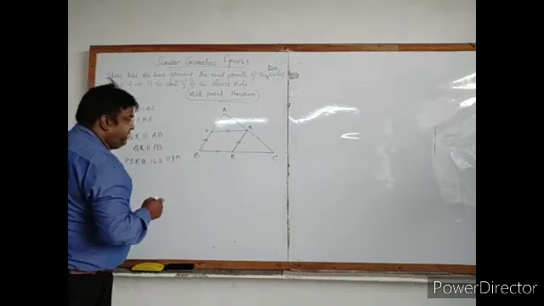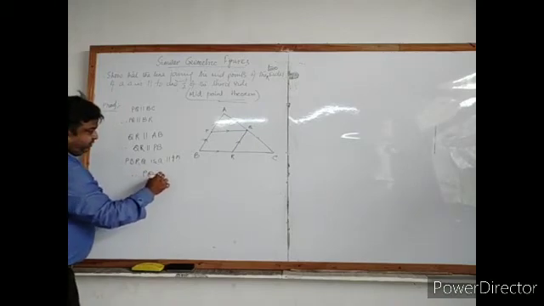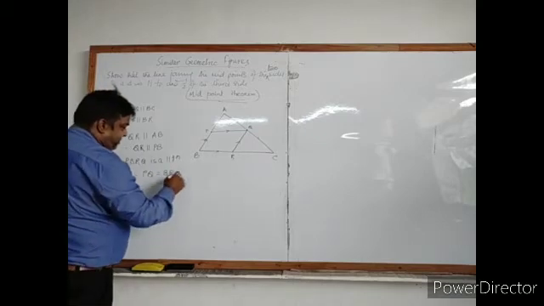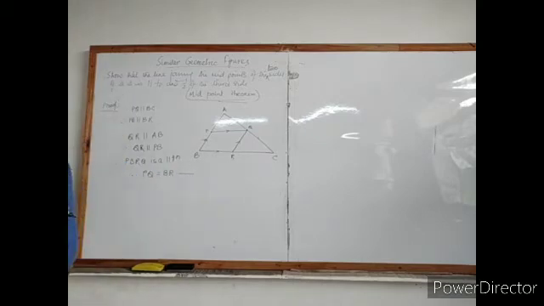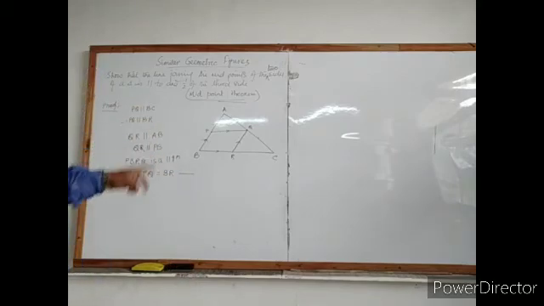So we can say, therefore, PQ equal to BR. Okay? So this one we can mark as, because we are continuing the sum, whatever number is coming, accordingly you give that number.